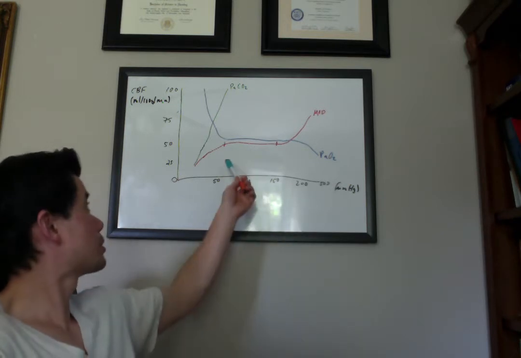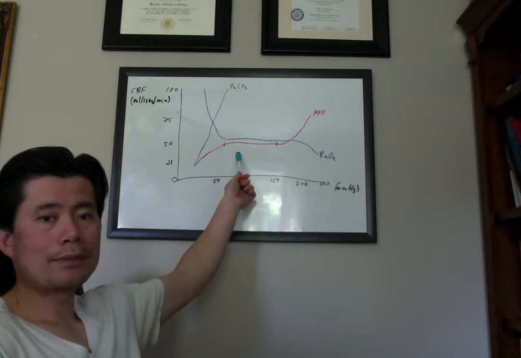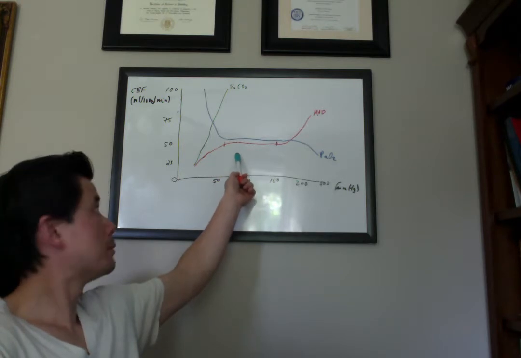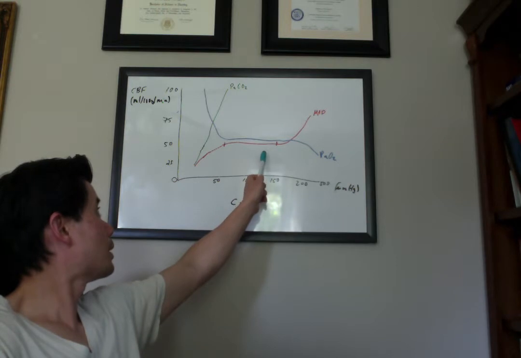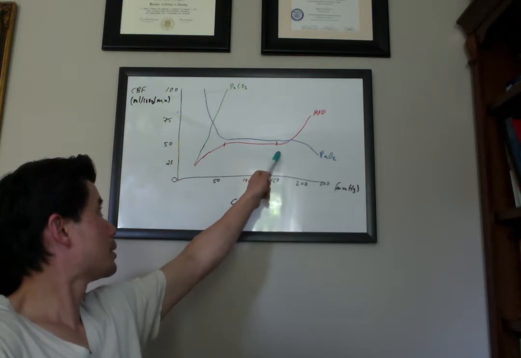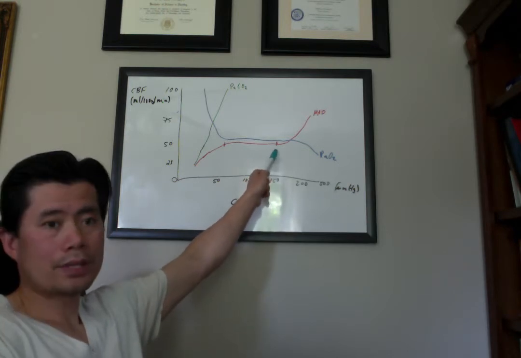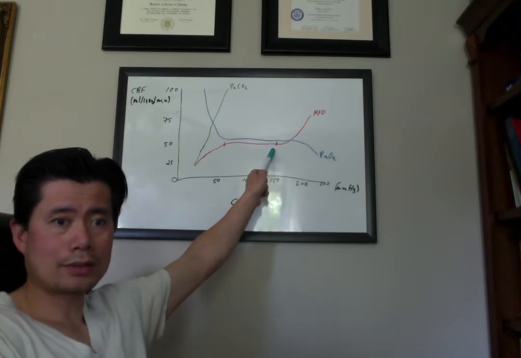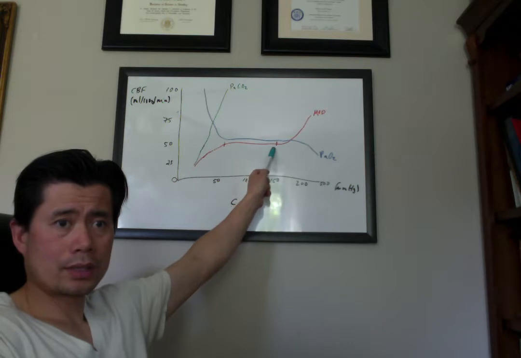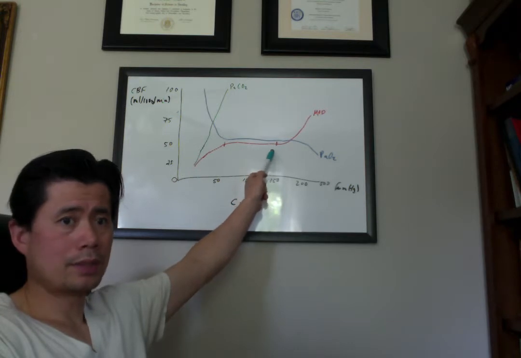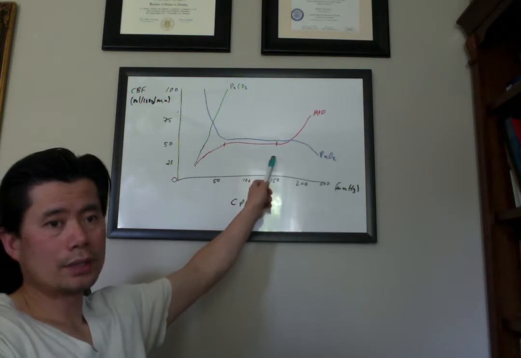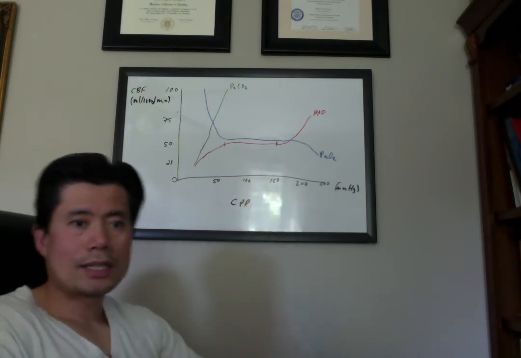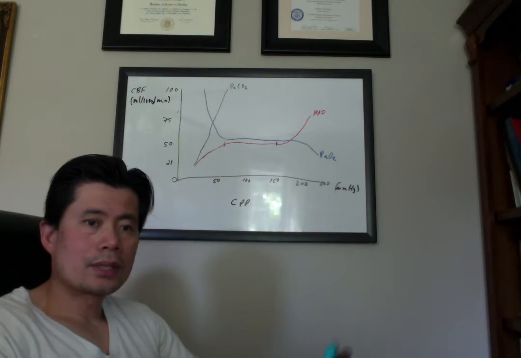But that can only happen for a certain amount of time. As the CO2 keeps creeping up, your mean arterial pressure is also creeping up. The higher your CO2 goes, the higher your mean arterial pressure is going to go. It's only going to do that from here to here, from 50 to 150 millimeters of mercury. At that point, it's going to vasoconstrict.